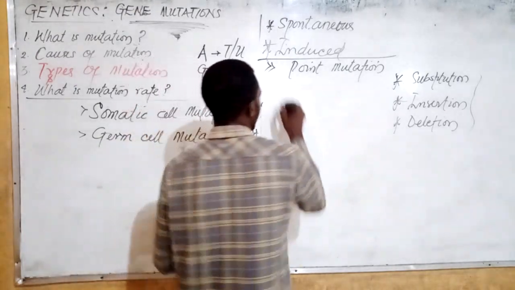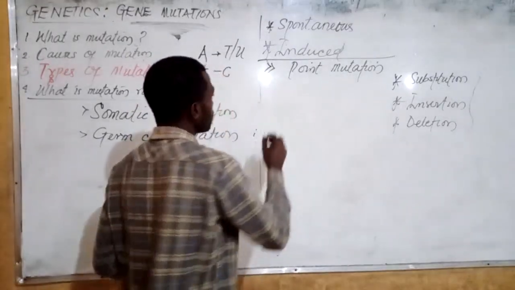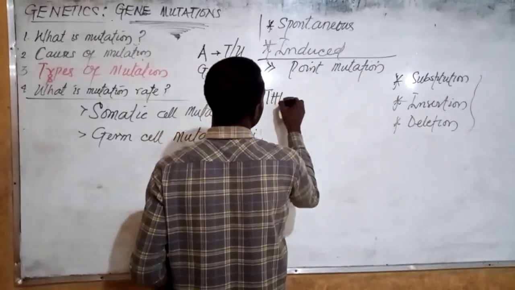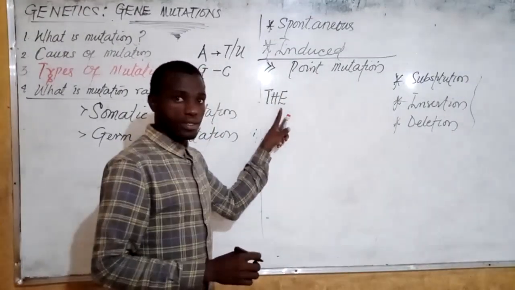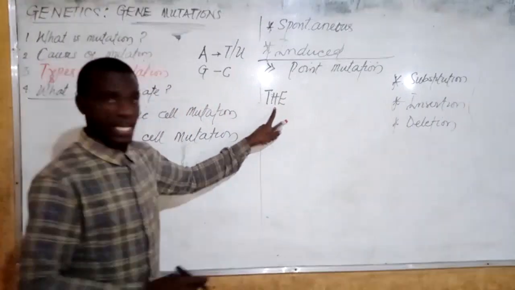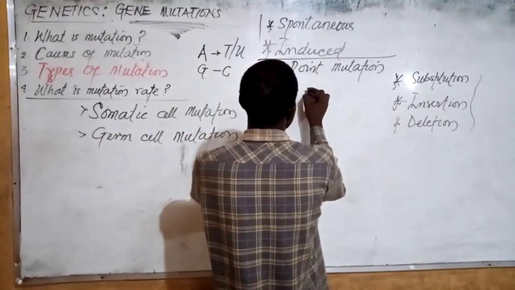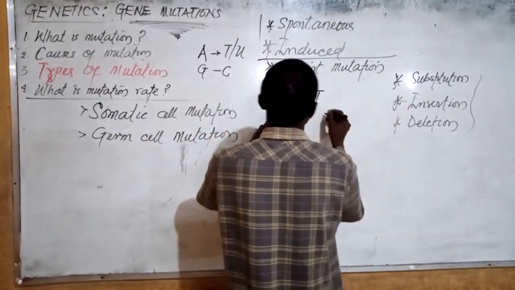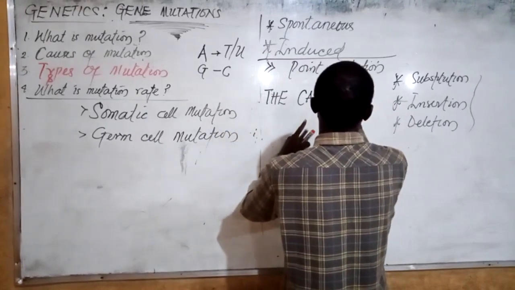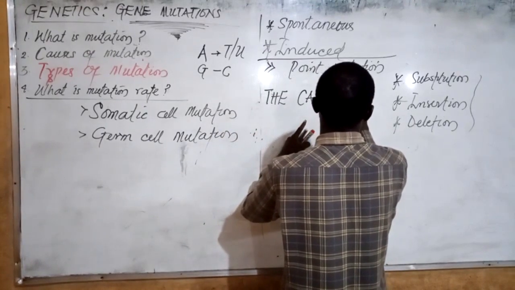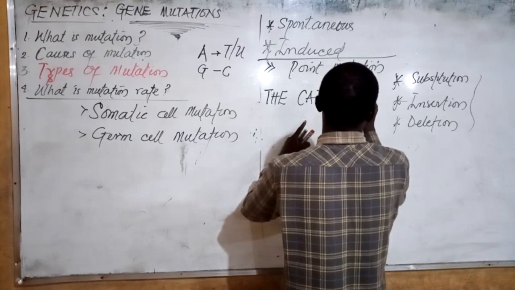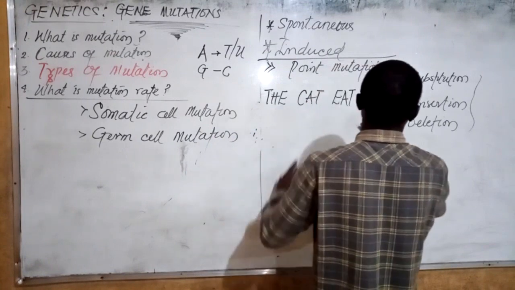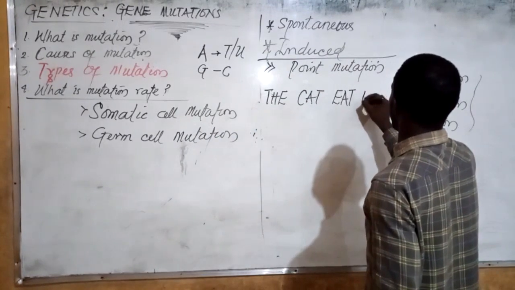So consider this sentence, for example. So this is one codon, meaning a 3 nucleotide sequence. The cat eats the rat.